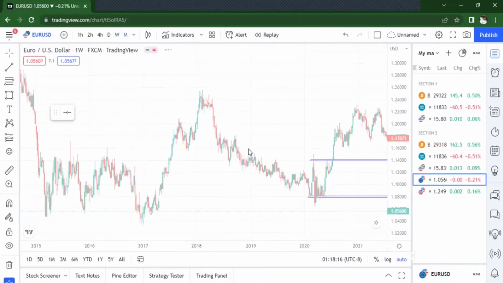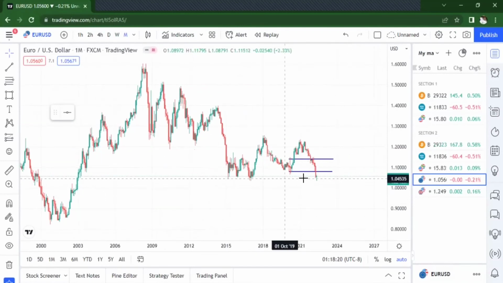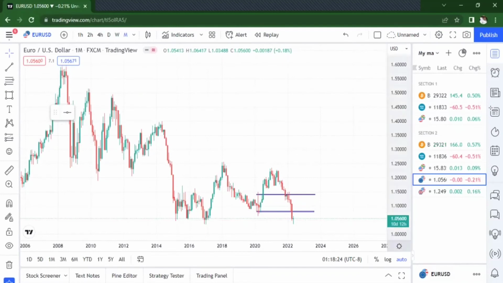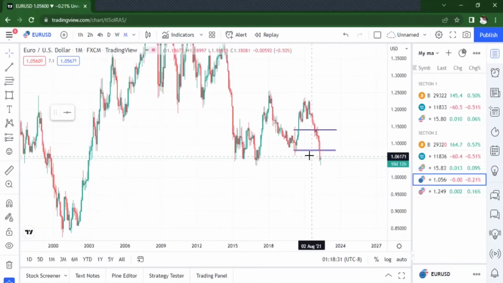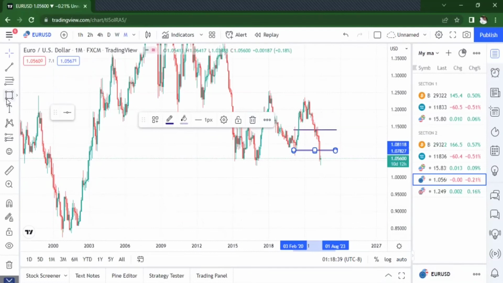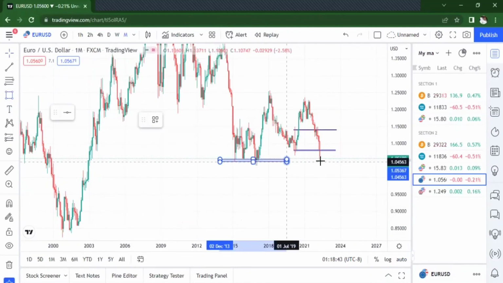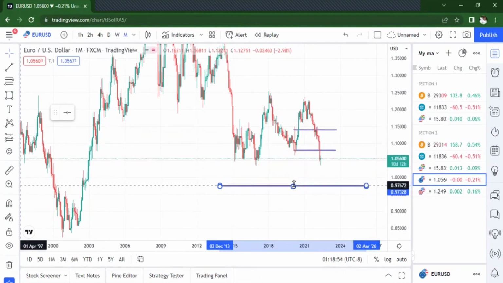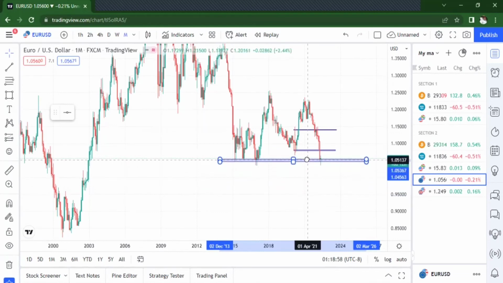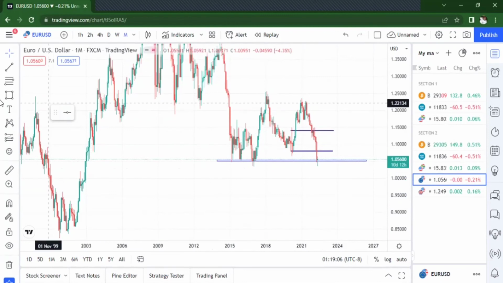Euro USD at the moment, if Euro USD breaks here, the next target we are seeing is here.